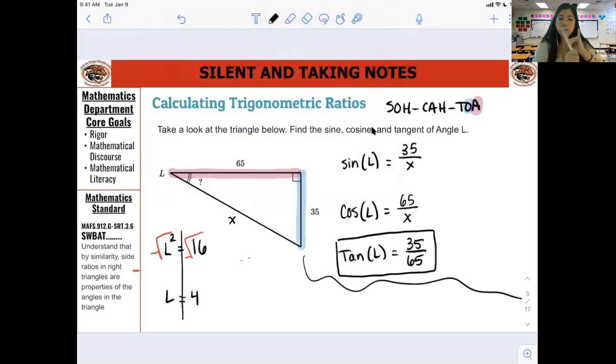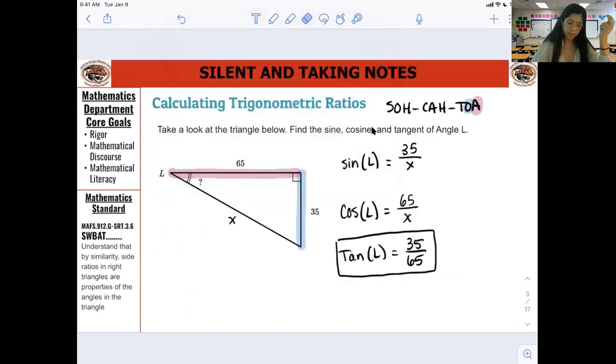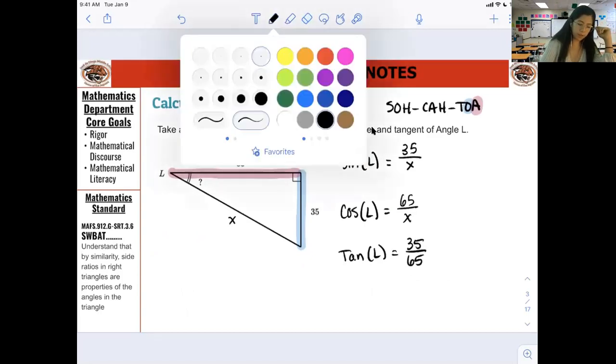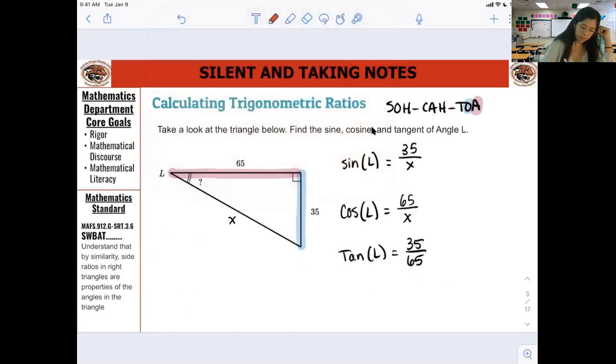Well, there's also inverse operations for sine, cosine, and tangent. So in this example, let's go back to it. The inverse operation, and I want you guys to write this down.